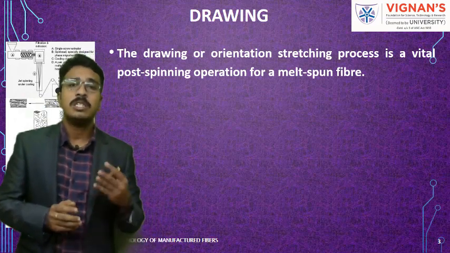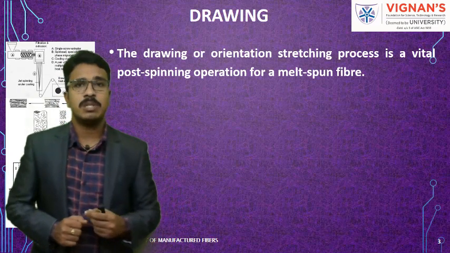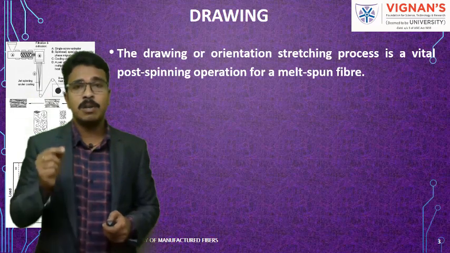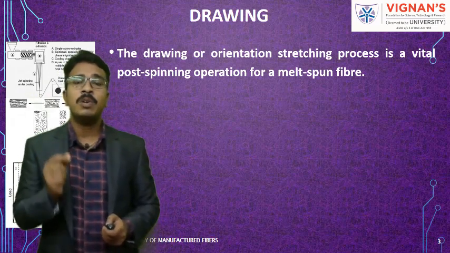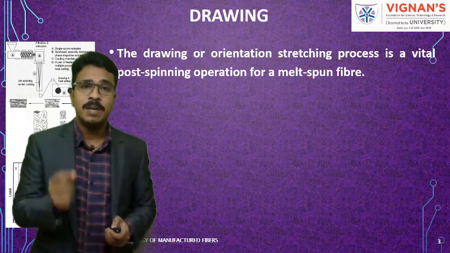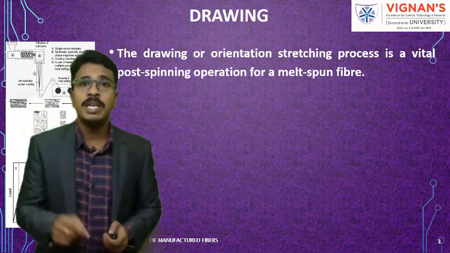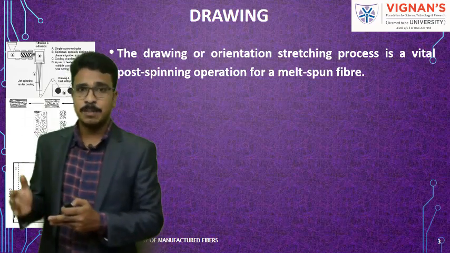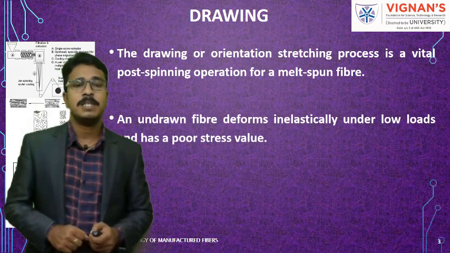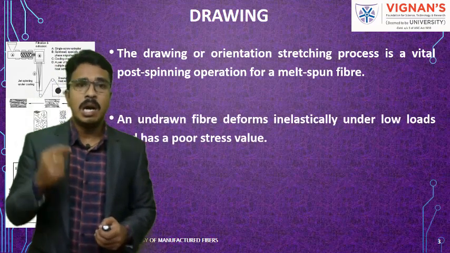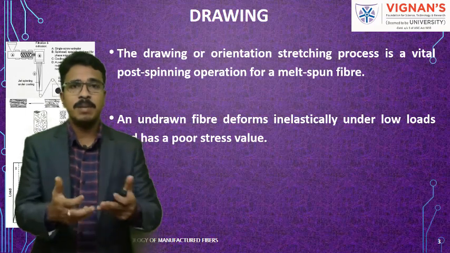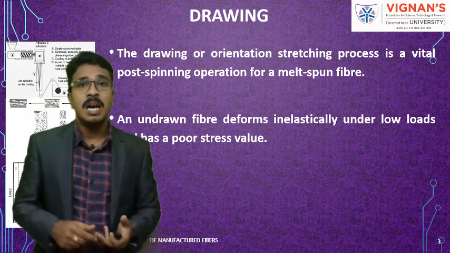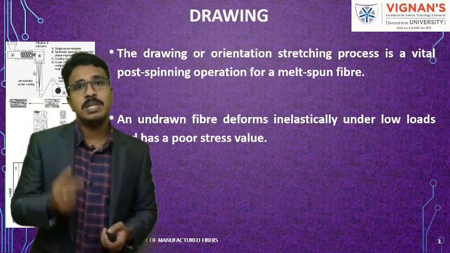So the drawing or orientational stretching process is a vital post spinning operation for a melt spun filament or fiber. Without stretching, the filament does not have good orientation, and thereby we cannot produce good quality or the expected properties in the final filaments. An undrawn fiber, that is, a filament which is not drawn, deforms inelastically under low loads and has poor stress values.